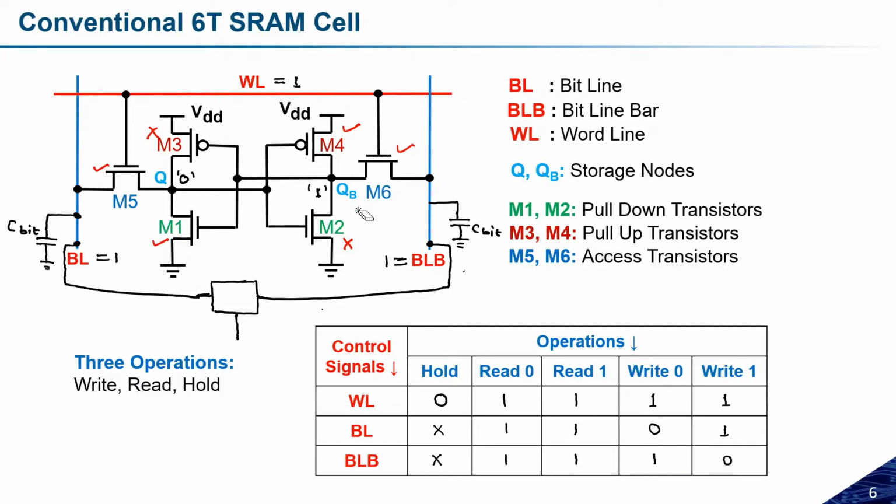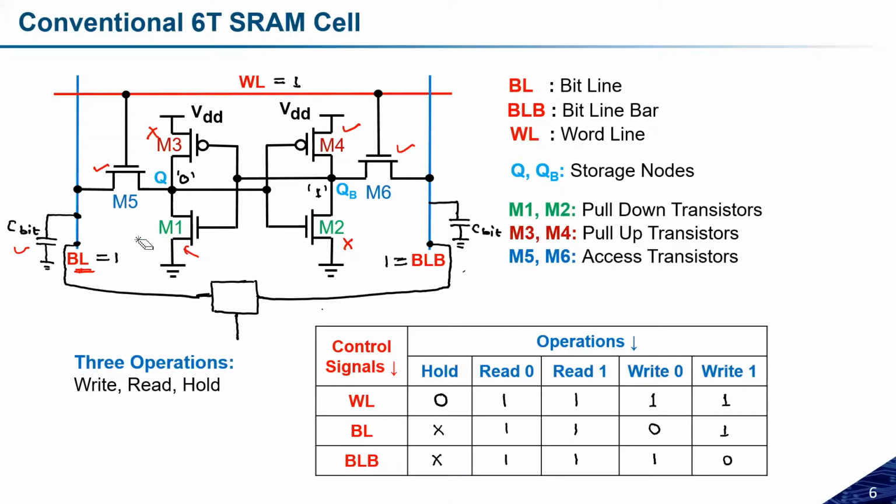Now try to see. Because M1 is activated and this bit line capacitor is charged, and Q is equal to 0, there is a potential difference between BL and the node Q. So this bit line capacitor is getting a path to discharge because M5 is in the on state and M1 is in the on state.